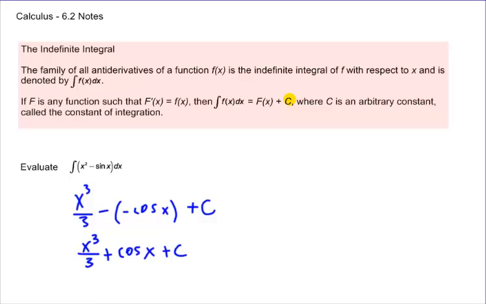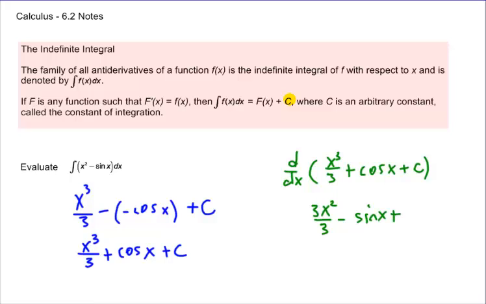And if you check this, if we take the derivative of x cubed over 3 plus cosine x plus c, and remember c is any constant, then what we have is 3x squared over 3 minus sine x plus 0.